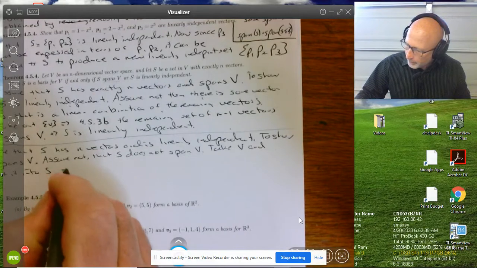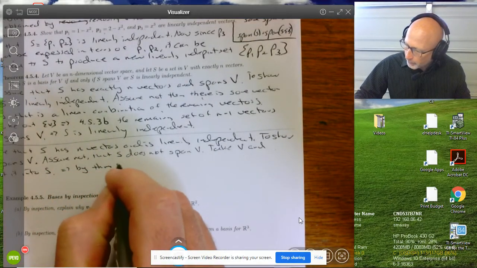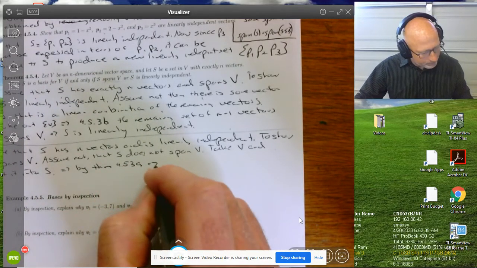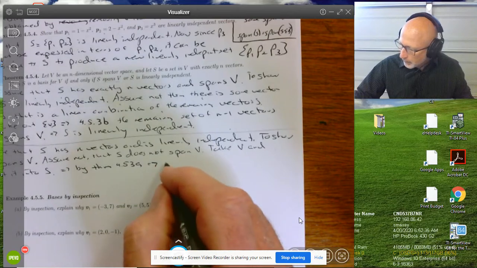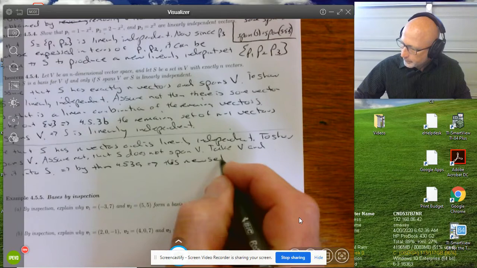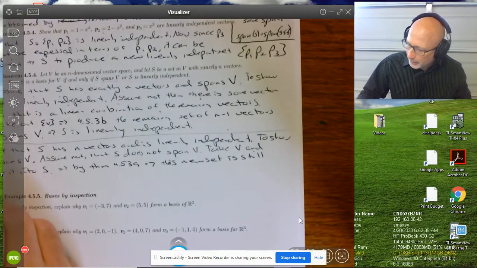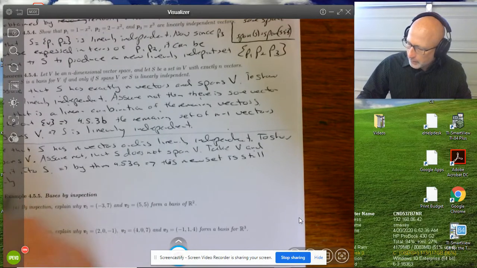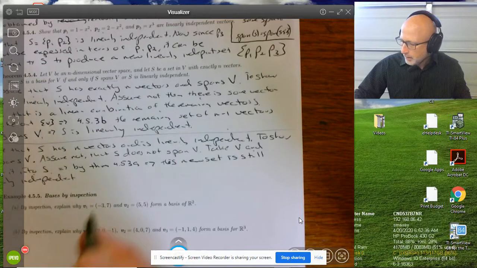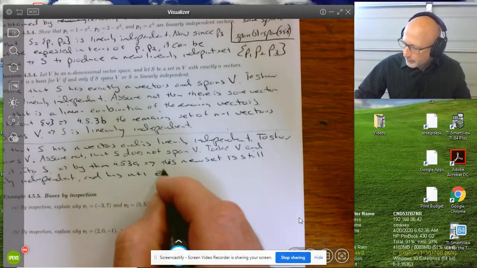So therefore, by theorem 4.5.3a, we know that this new set is still linearly independent and has n plus 1 elements.